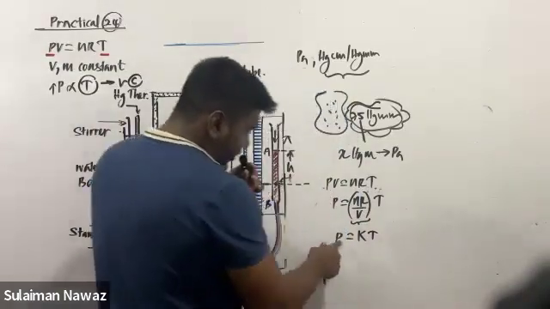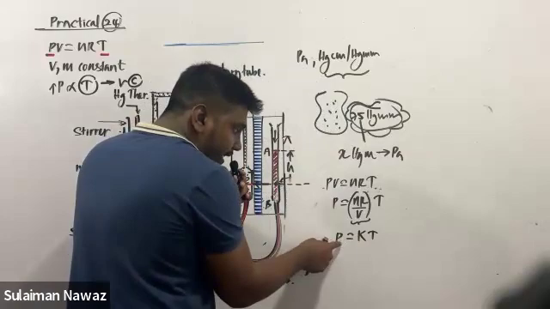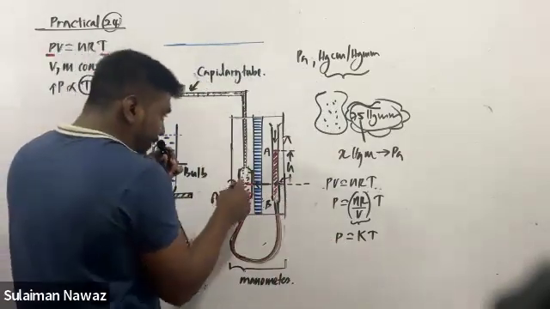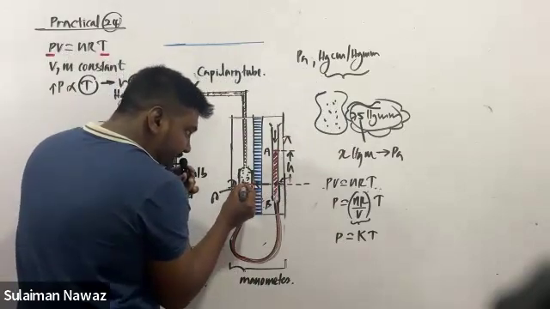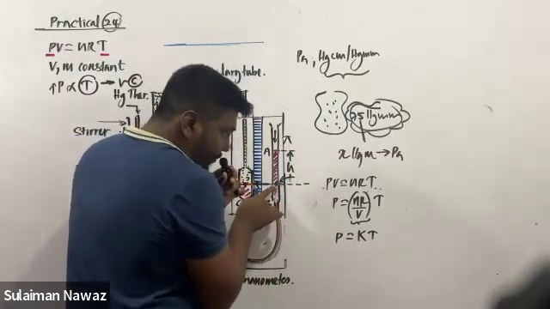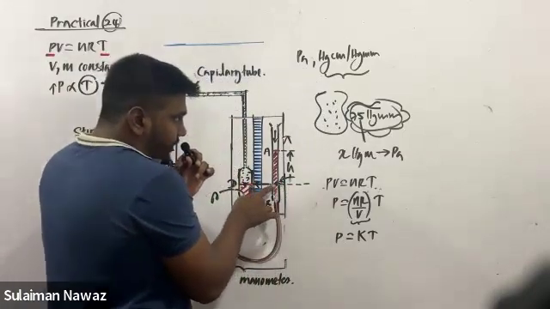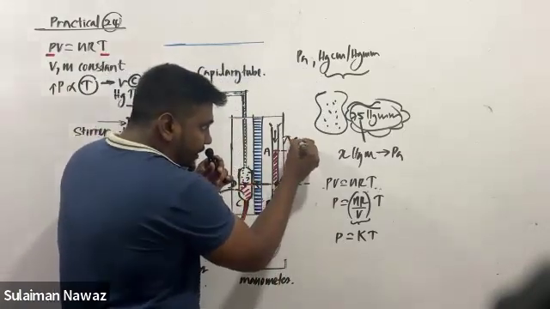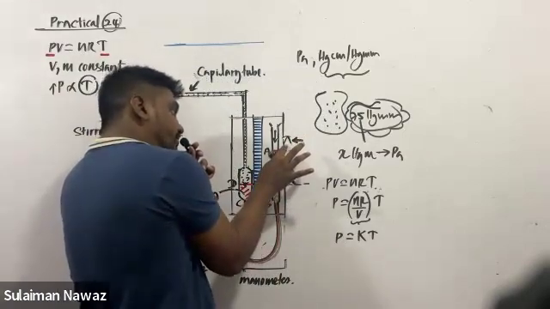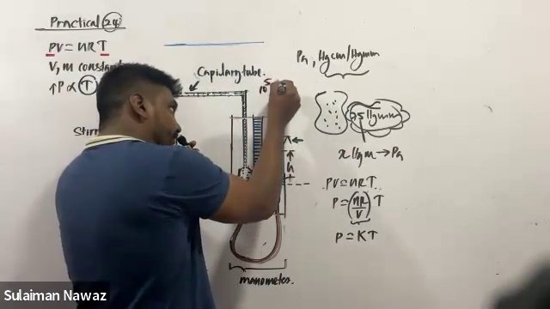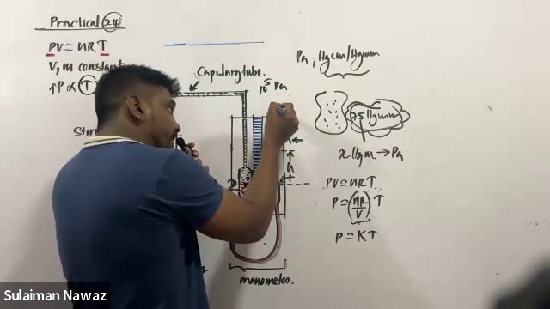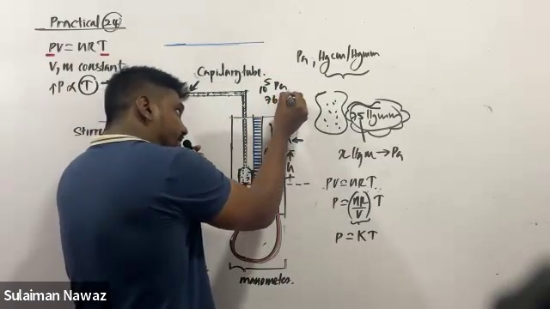So what is P? P means the pressure of the gas, the pressure at this point. Let's say atmospheric pressure is 10 to the power 5 Pascal, or in mercury millimeters, 760 mercury millimeters.